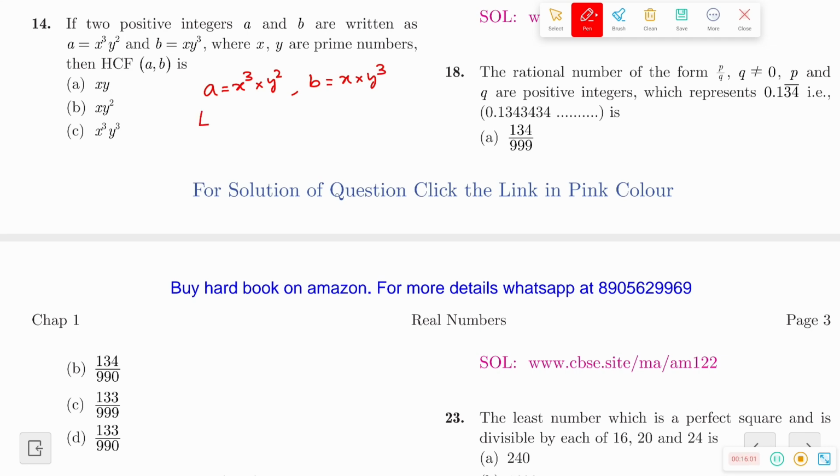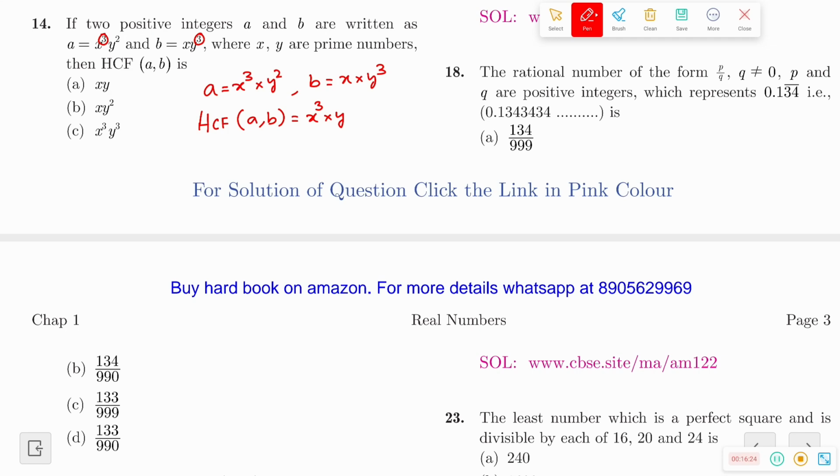So whenever we want HCF of A comma B, we write prime factors first, x and y, and then we take their highest powers. Highest power of x is 3, so we write 3 here. Highest power of y is also 3.